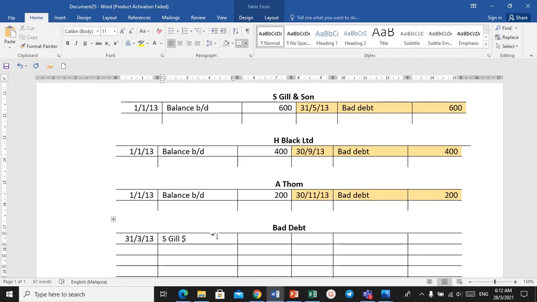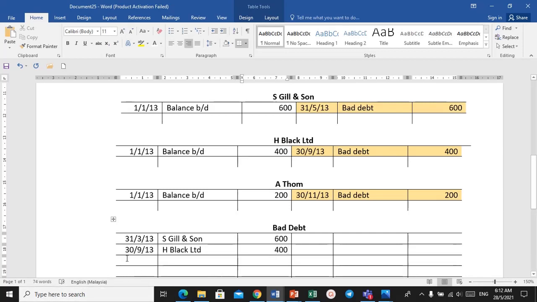And Sun, 600. Okay, next entry would be for Hash Black Limited, $400.